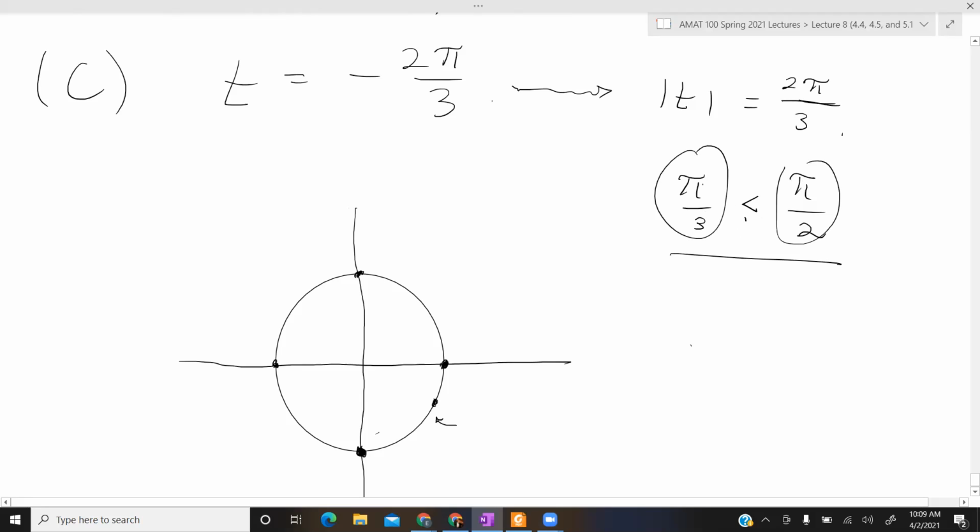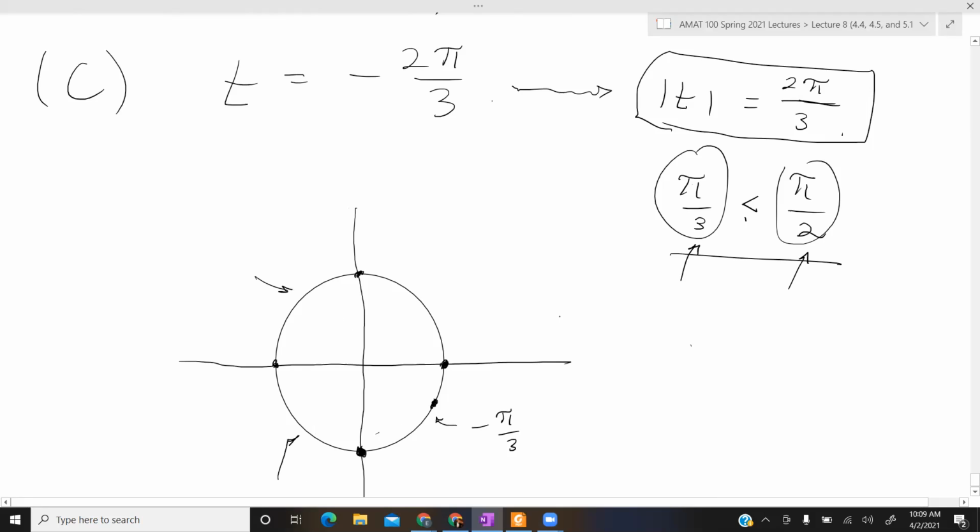So if you travel this distance, you're going to end up closer to the reference point than if you traveled that distance. Now, imagine everything going in the negative direction. That's why this point roughly corresponds to pi over 3. Now, the absolute value of the number we're interested in is bigger than pi over 3, and it is bigger than pi over 2. So we're going to end up somewhere over here, or somewhere over here maybe.